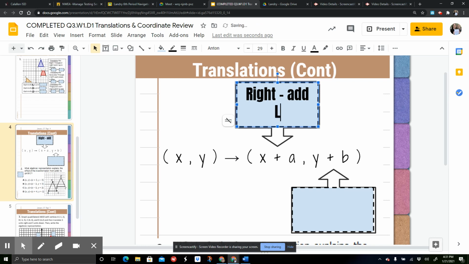And if the shape moves to the left, you are going to subtract or minus because the number gets smaller as you move to the left. On the y-axis, you're either going up or down. And so you're going to pay attention to the direction: moving upward, you would add, and moving downward, you would subtract.